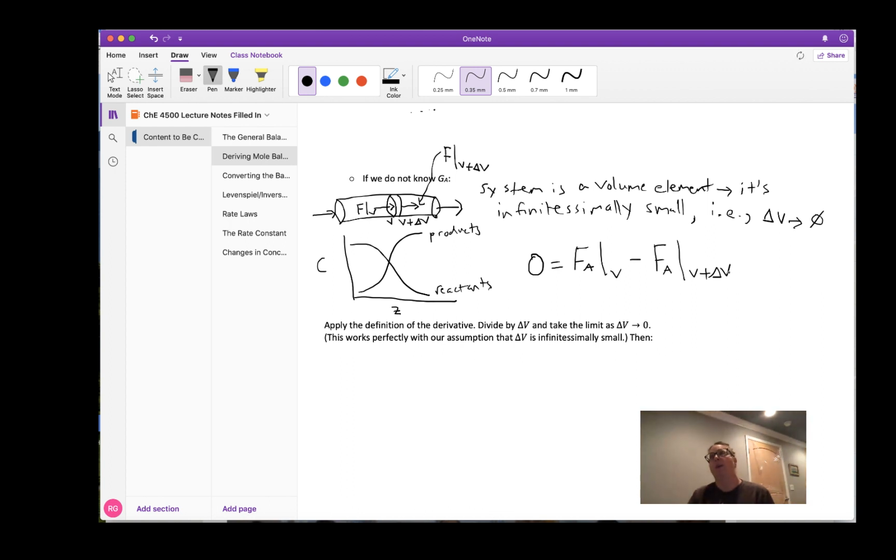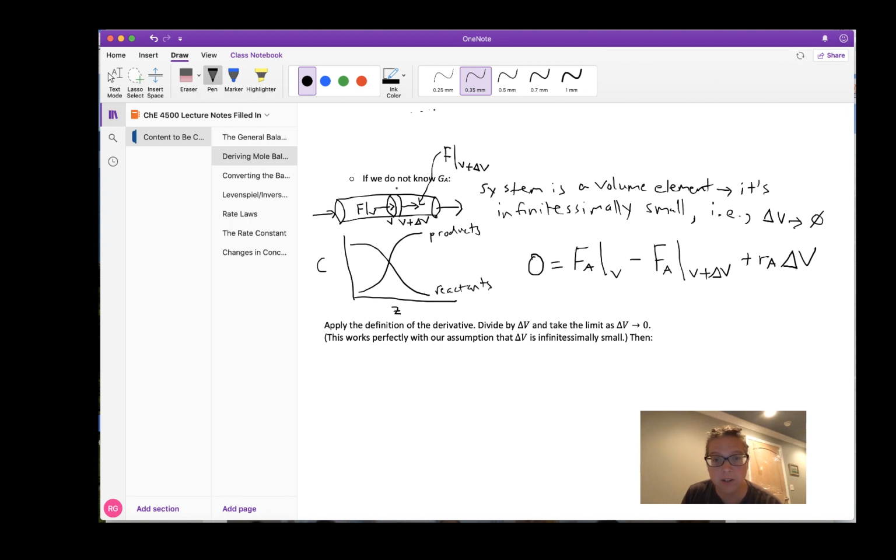So then my generation and consumption term, that's going to be my rate. And normally I would multiply this by volume. Here I'm going to multiply it by delta V, because the only place where my rate is valid is in this slice.